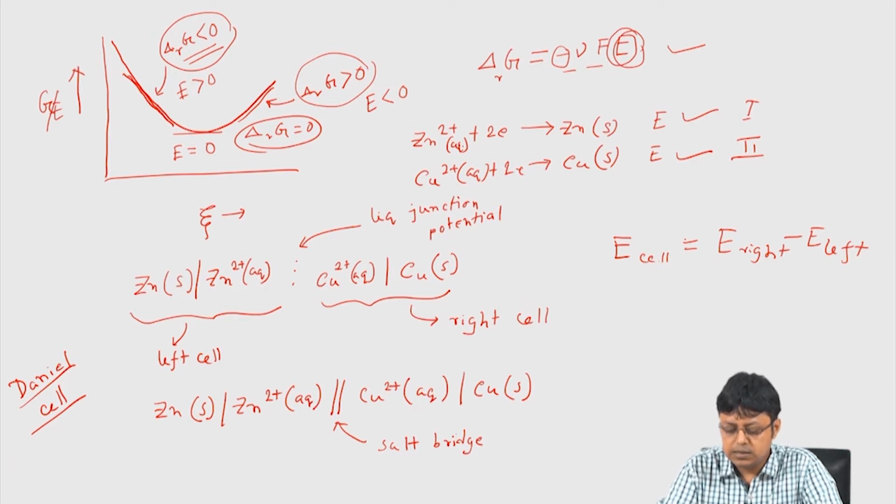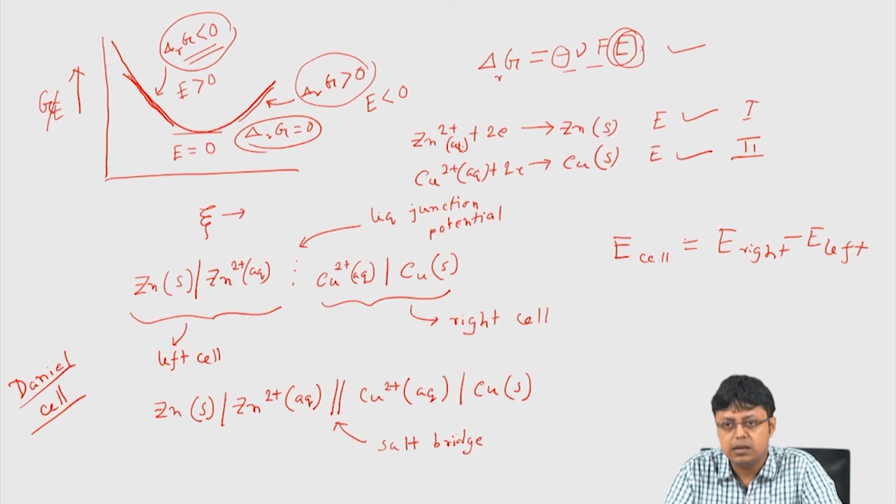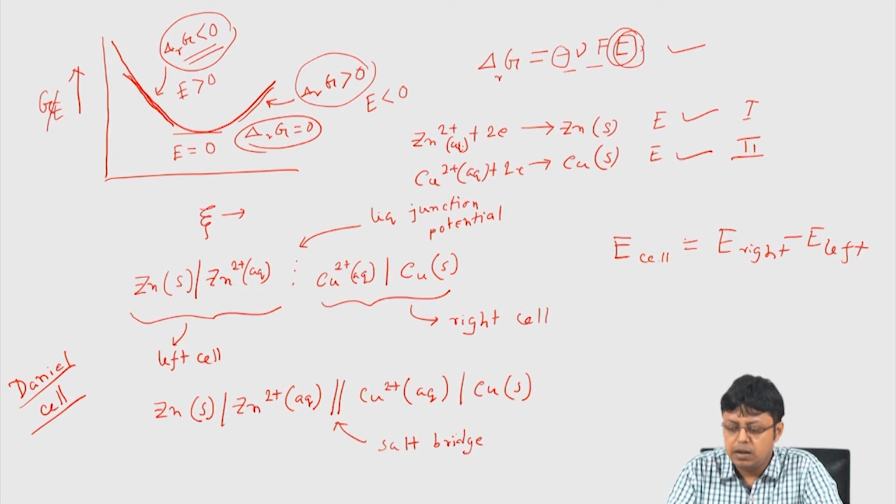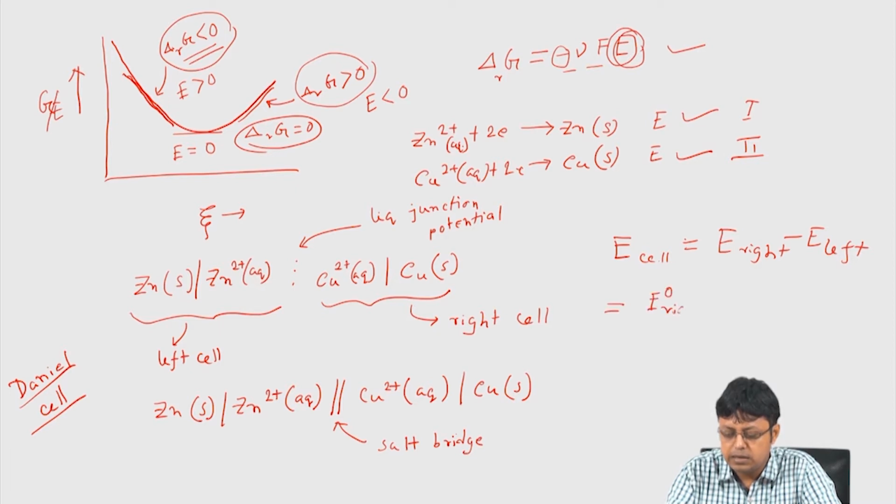Now, we can write the E cell as E right minus E left, but every half electrode also has E0 of right minus RT by nu F ln Q of right, minus the corresponding terms for left.